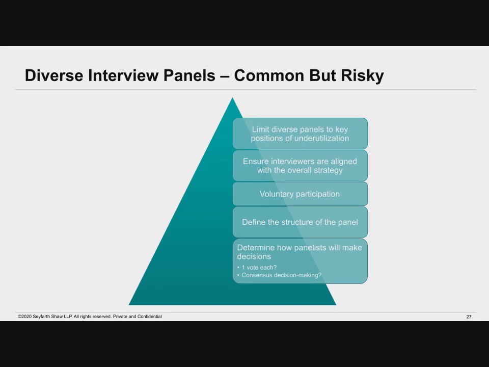We also see diverse interview panels come up. That is also common. It is an area where you just want to be mindful about how you're selecting diverse panels, that it's not just voluntary, that you're defining the structure of the panel, and determining how they're going to make decisions, in terms of whether there is going to be weighting or consensus decision making.